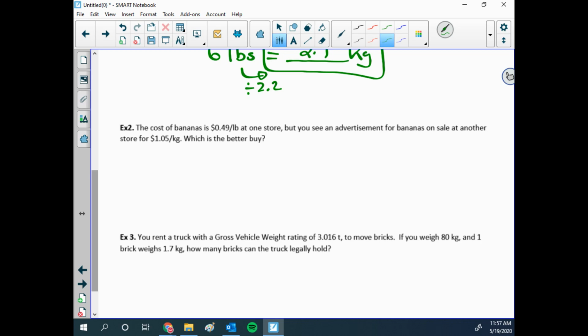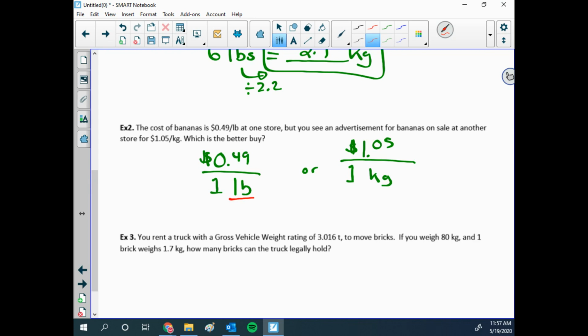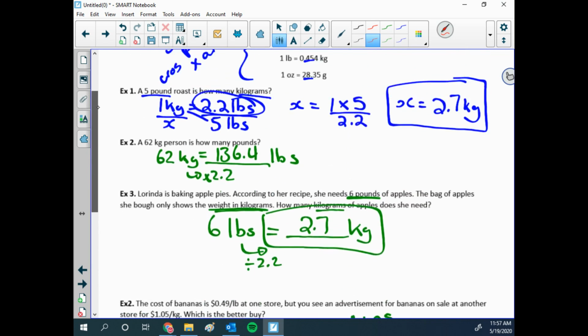All right, another one. It says the cost of bananas is 49 cents a pound, but in another advertisement, they're on sale for $1.05 per kilogram. So which is the better buy? So we have this one option, which is 49 cents per 1 pound, or I have this, which is $1.05 per 1 kilogram. So what I need to do is get these denominators to be both in kilograms or both in pounds.